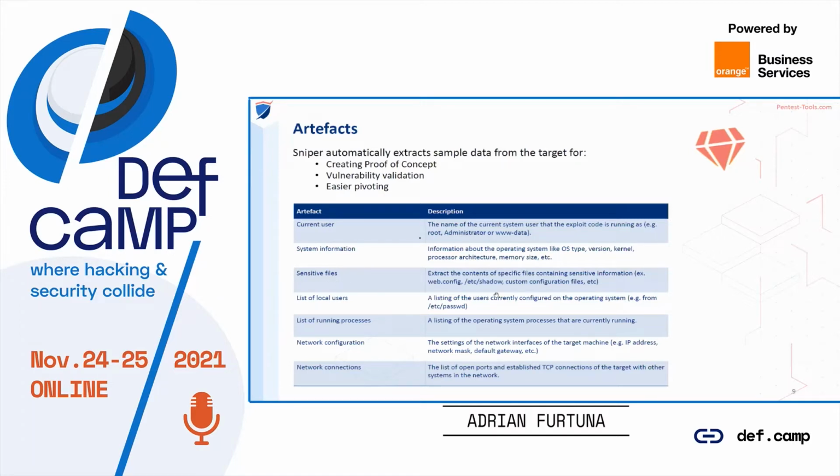Sensitive files, I'm going to show you immediately. List of local users, running processes, network configuration, connections, and so on. So you can get a pretty quick overview of the target that you have gained access to.